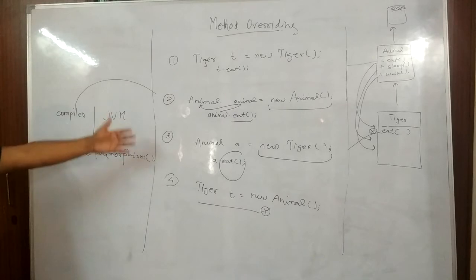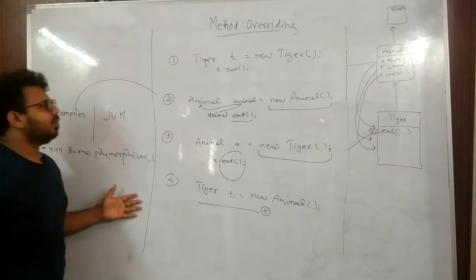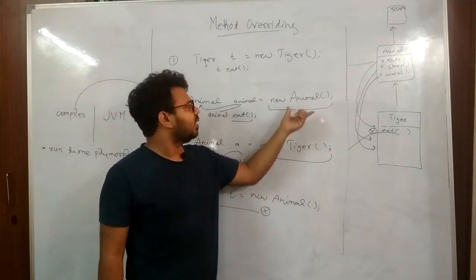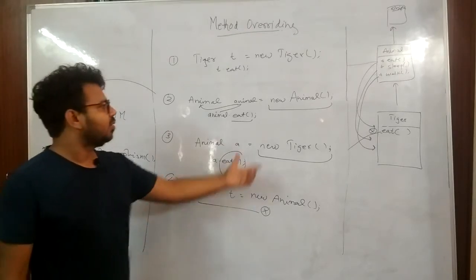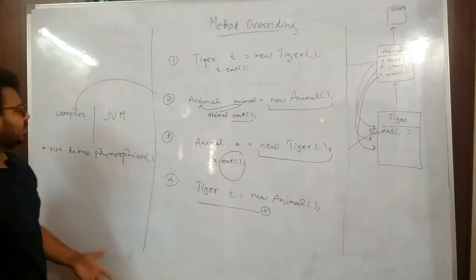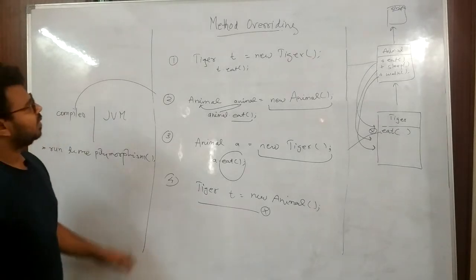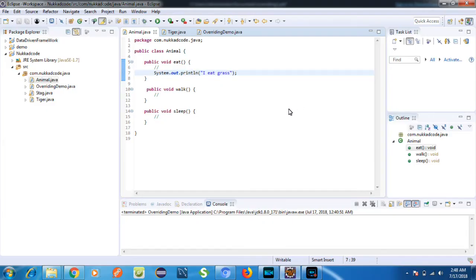Method overriding is called runtime polymorphism. Why? Because method resolution is always done based on the runtime object, not at compile time. So method overriding is also known as runtime polymorphism or late binding. Many terms are there, so simply remember it as runtime polymorphism.